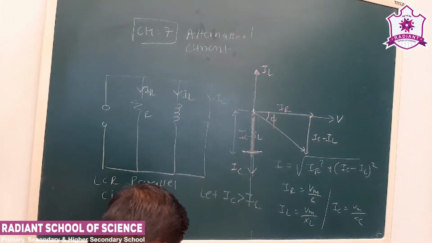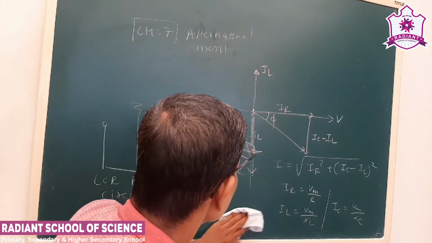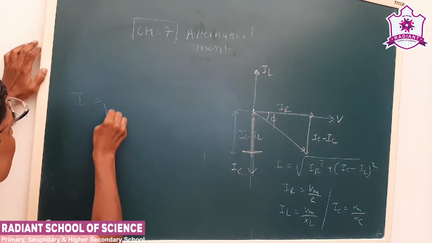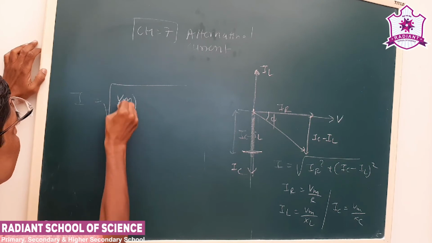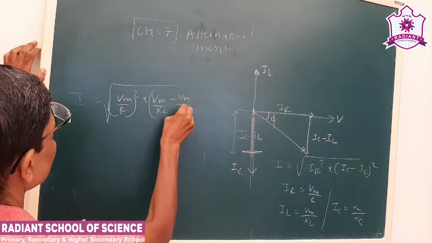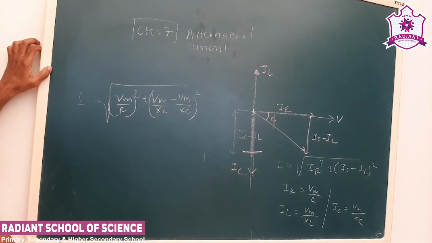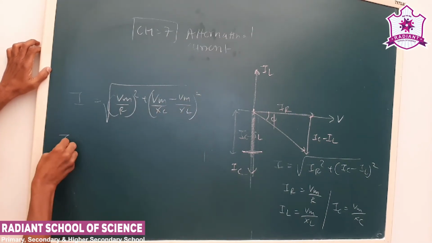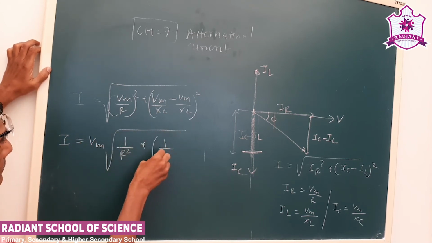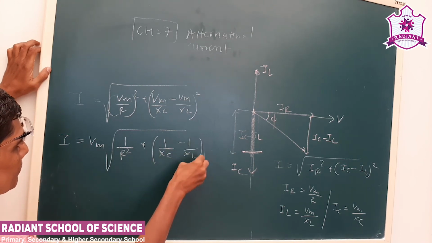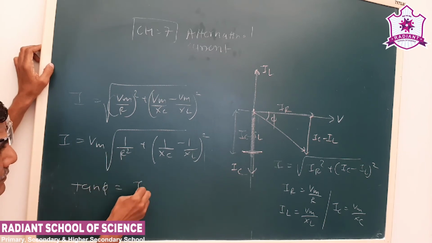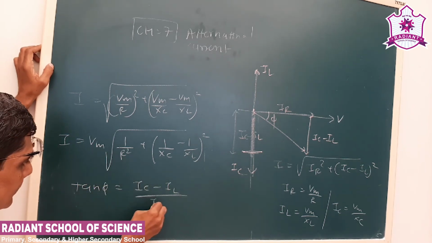If I substitute this, I will be Vm times the square root of 1 upon R square plus the square of 1 upon XC minus 1 upon XL. Now the phase difference tan phi is IC minus IL upon IR.